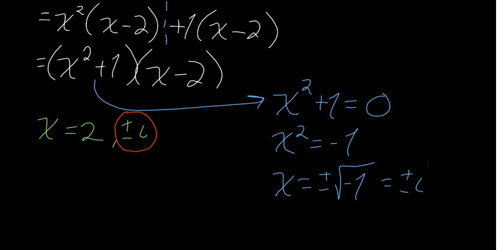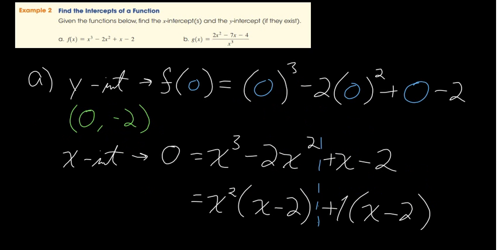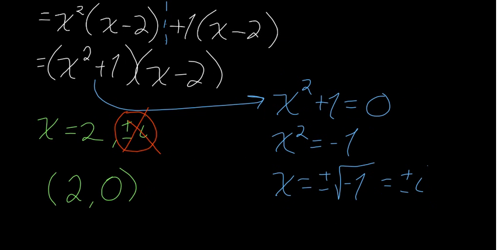We can't really graph i's in this course because we're not dealing with the complex plane. So my only x-intercept is going to be at 2, or in other words, the coordinate 2, 0. So my y-intercept was at the point 0, negative 2, and my x-intercept is at the point 2, 0.